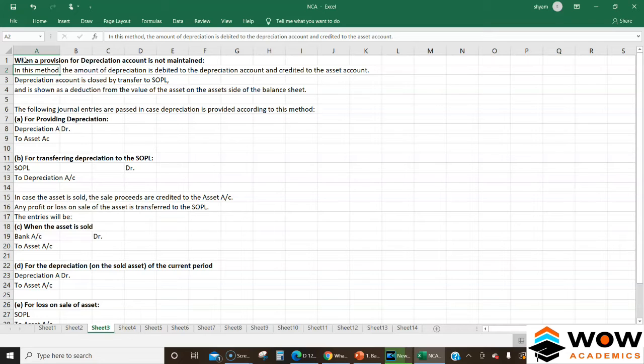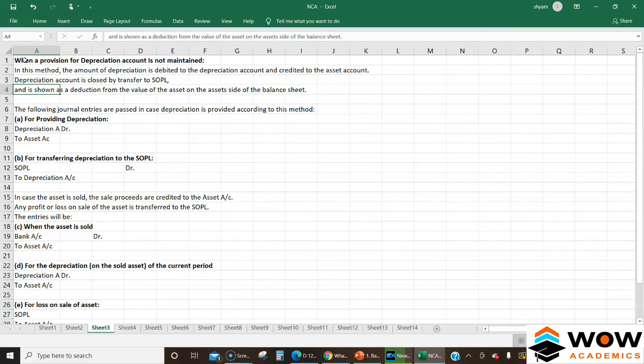Whenever there is depreciation, we charge it to the asset account, we reduce the asset account balance, and we also take it into the depreciation account, and the depreciation account is closed by transfer to SOPL. So the depreciation account is only a placeholder account. We reduce the asset value and post the depreciation as an expense in SOPL.